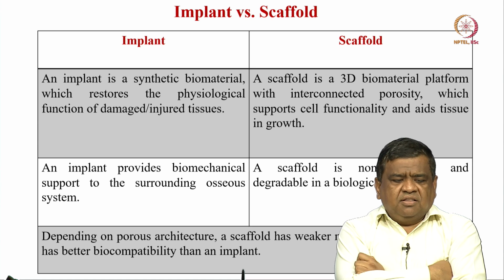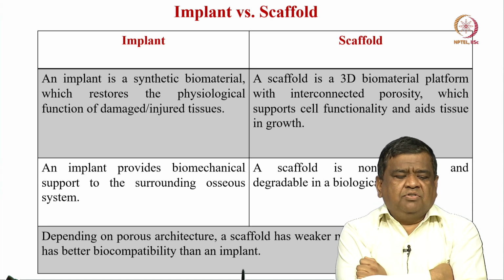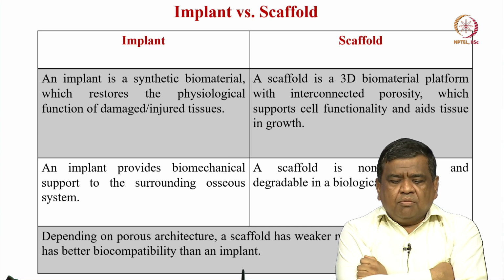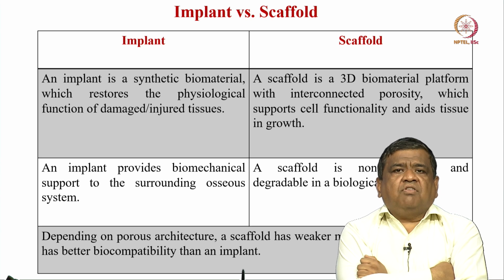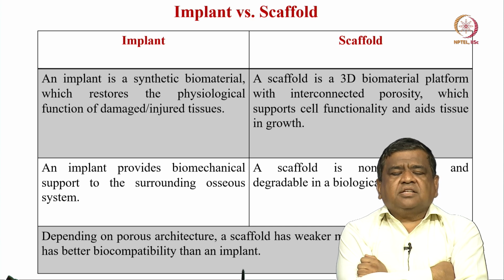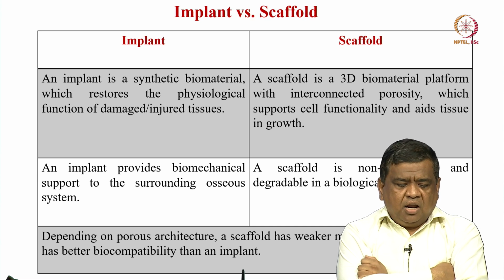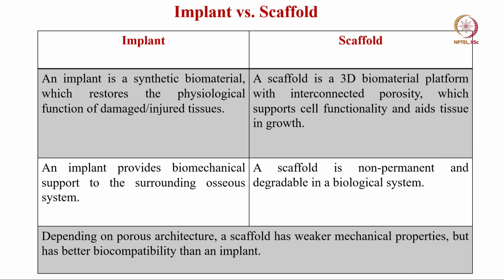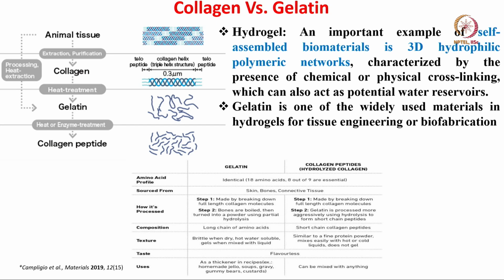An implant is a synthetic biomaterial which restores the physiological function of damaged or injured tissues. A scaffold is a 3D biomaterial platform with interconnected porosity which supports cell functionality and aids in tissue ingrowth. An implant provides biomechanical support, while a scaffold is non-permanent and degradable in the biological system, and depending on the porous architecture, a scaffold has weaker mechanical properties, which I have already mentioned.